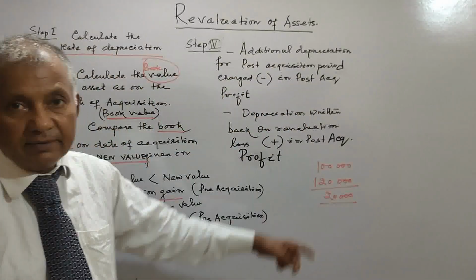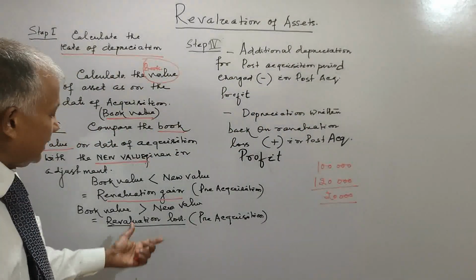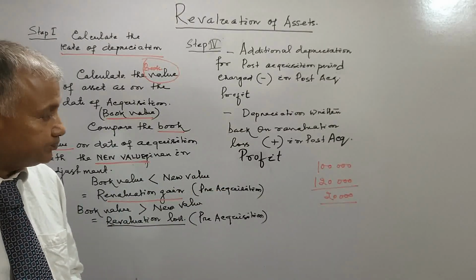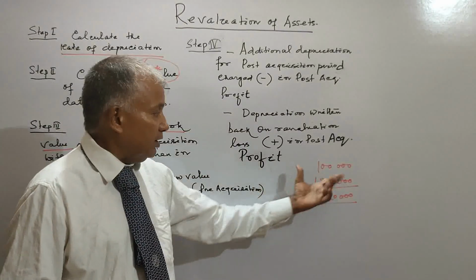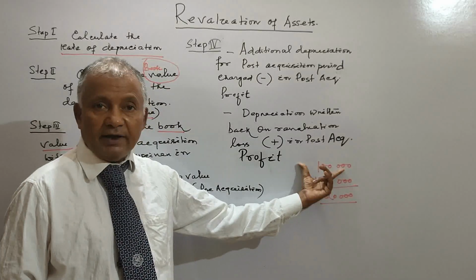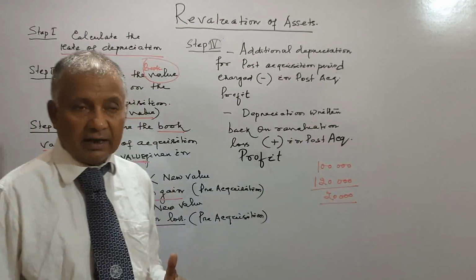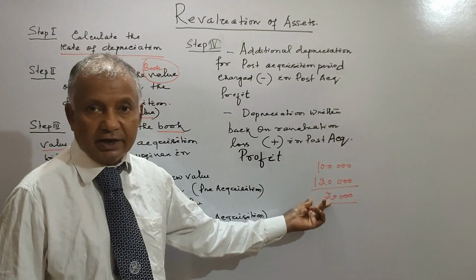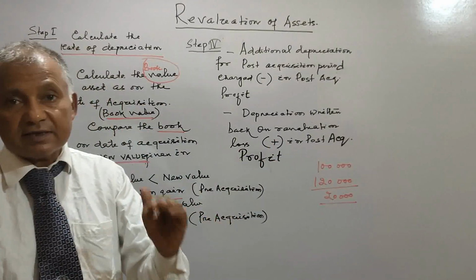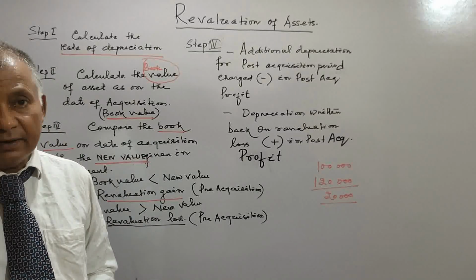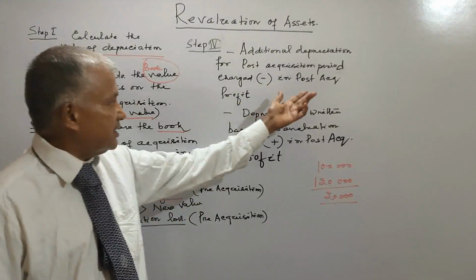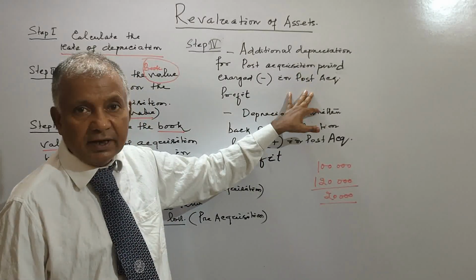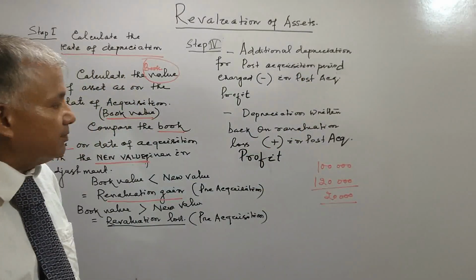This revaluation profit we will take into the pre-acquisition profit. But we have already provided depreciation on 1 lakh, but on 20,000 extra depreciation has to be provided in the post acquisition period, or it will be adjusted in post acquisition profit.